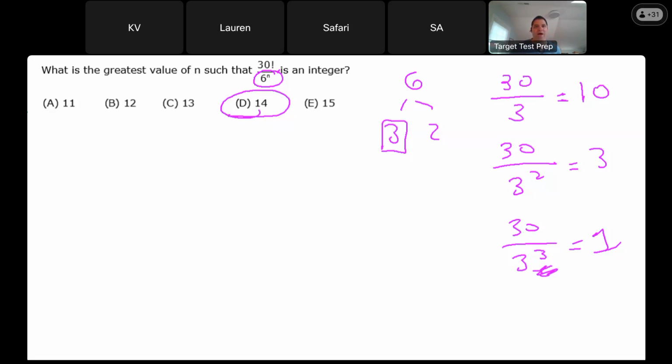So you could do out how many 2s there are, but it's not going to matter. It's not going to change the answer. Does that make sense?